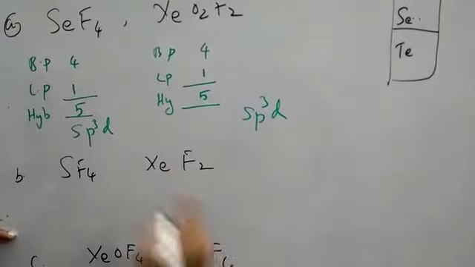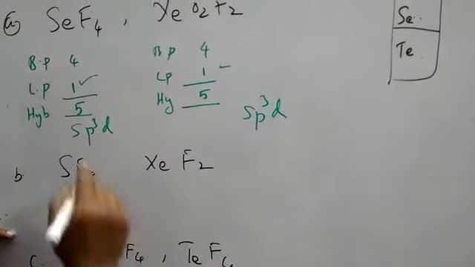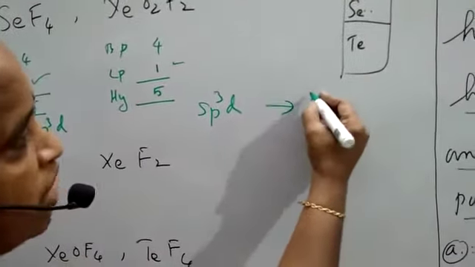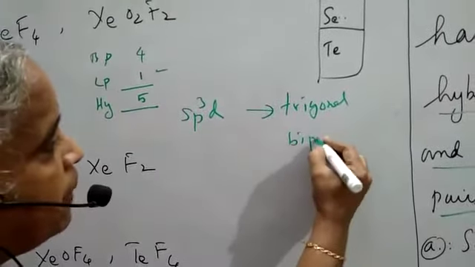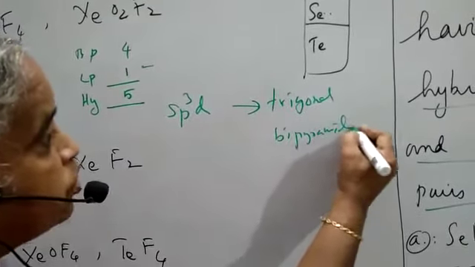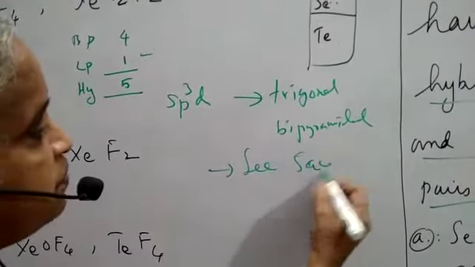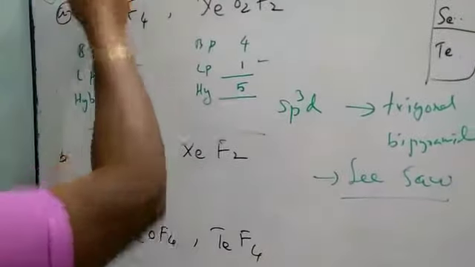So further, who is deciding the lone pair? Both have only one lone pair. So both have the geometry of trigonal bipyramidal, and the shape, with the lone pair, is see-saw. So this is your answer according to this.